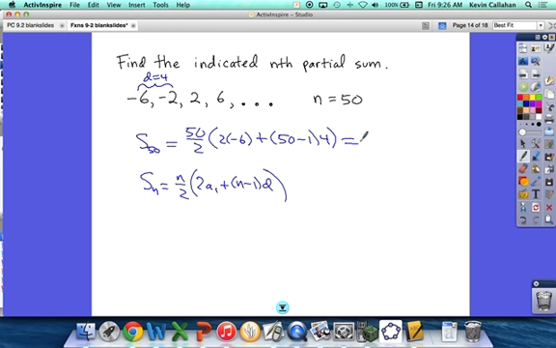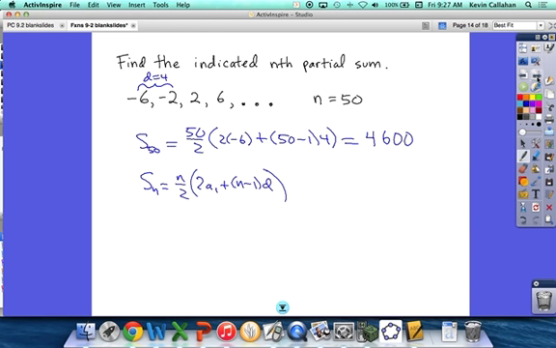I'm just going 49 times 4 in parentheses. 4,600. 4,600, sound right? So again, when you get to that, remember that formula right there. That's given right there.